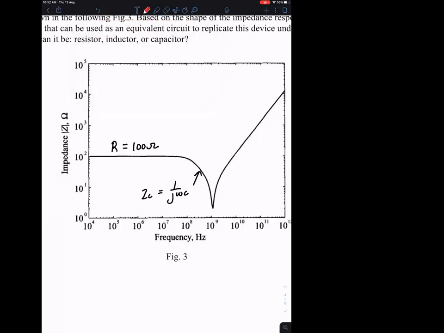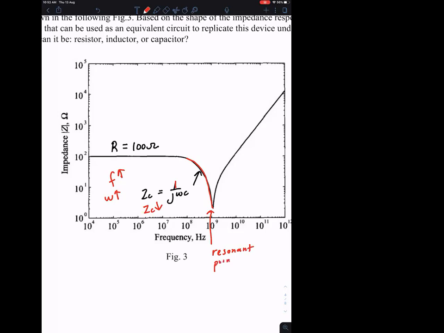As omega increases, as frequency increases, ZC decreases. So therefore it drops. After some time, it becomes inductive. This is the resonant point.